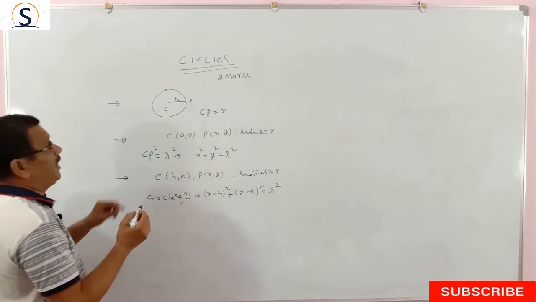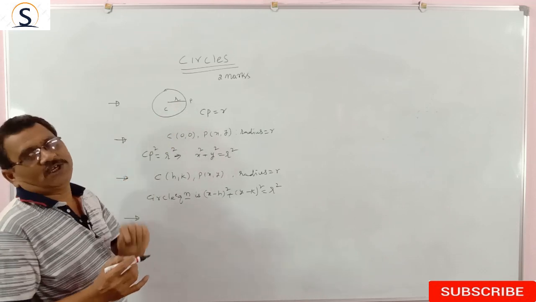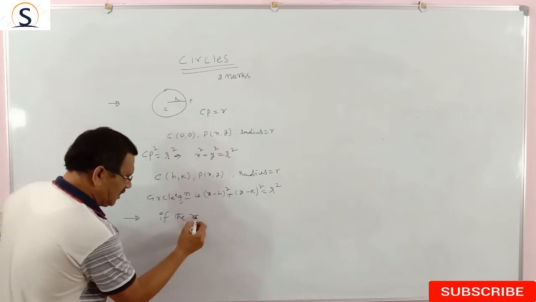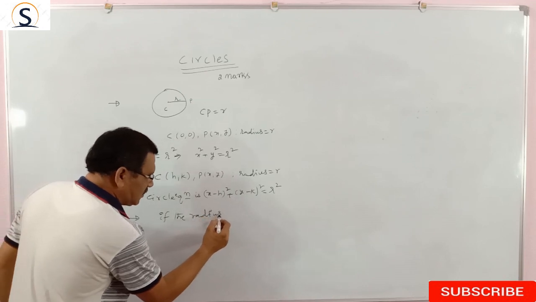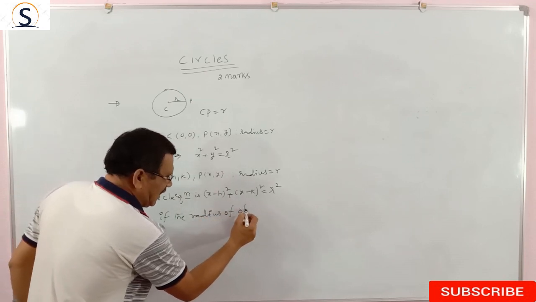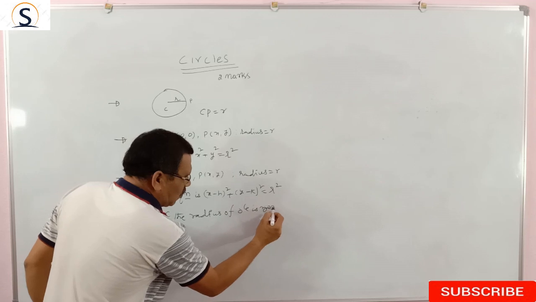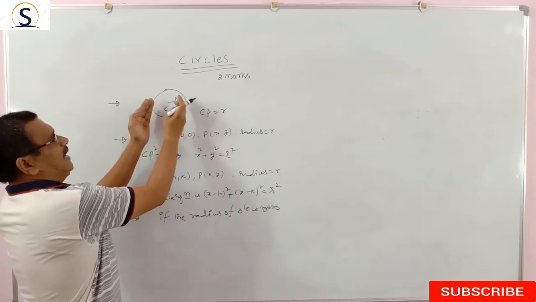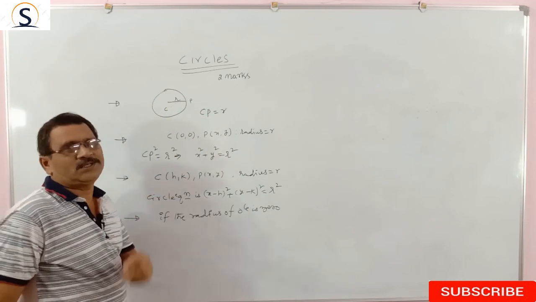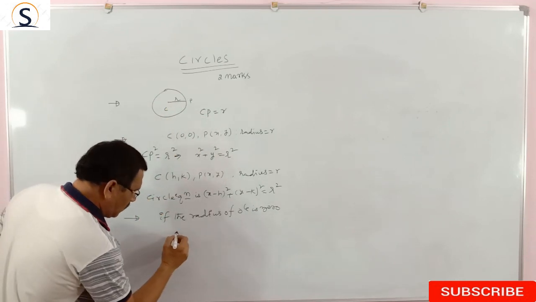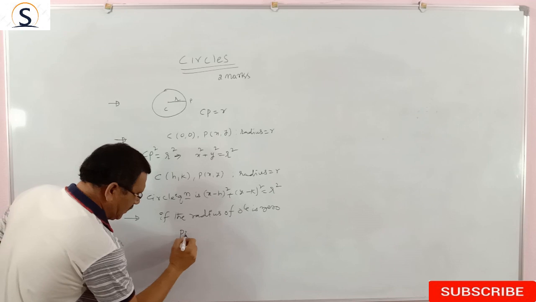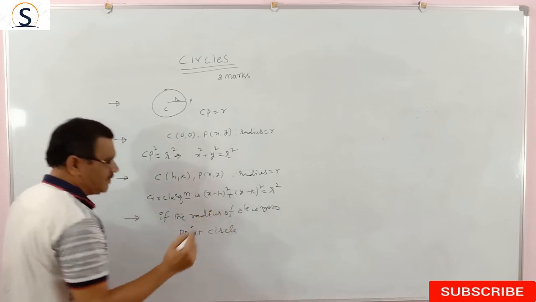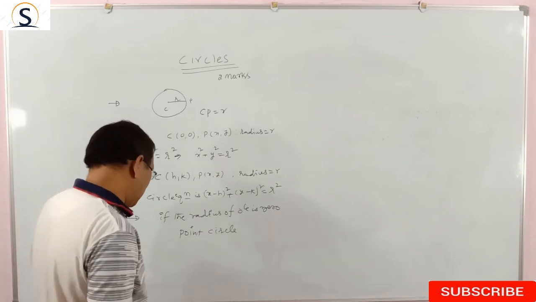Next, if the radius of the circle is 0, it means P and C coincide, and this is called a point circle. When the radius is 0, it is a point circle.